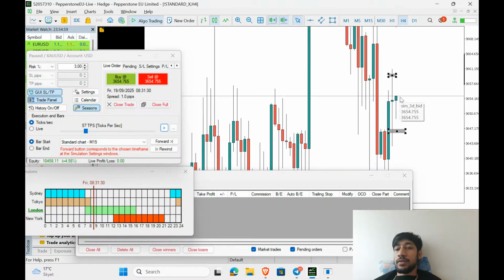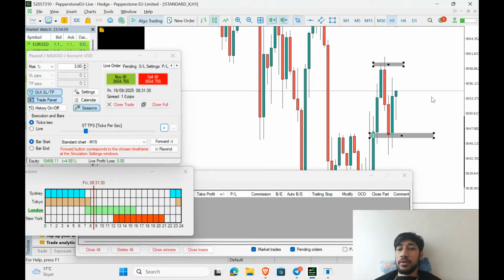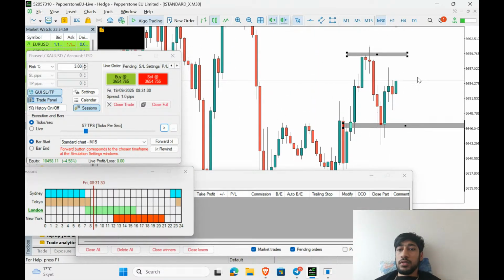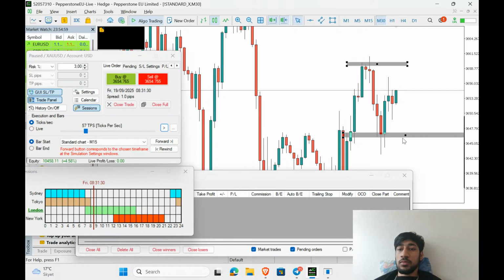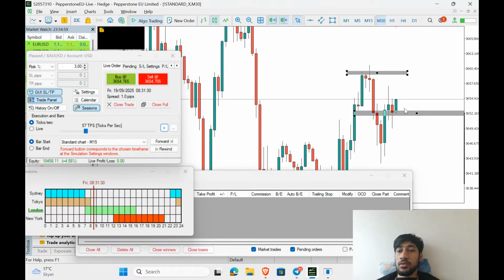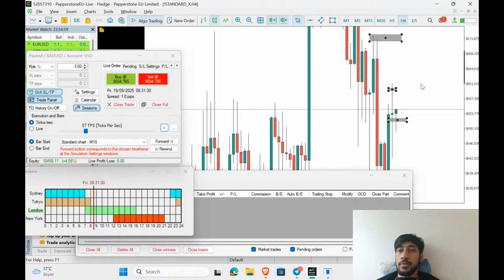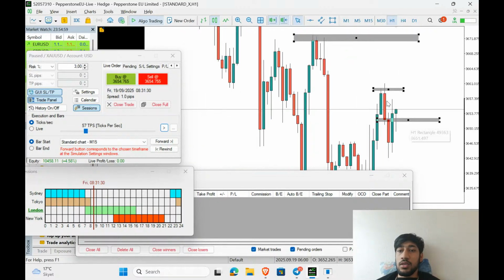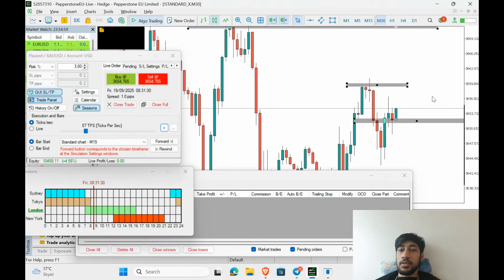So look, on H4 we have this wick to be filled. H1 we have this range to be filled. M30 we just broke above the support. This is an impulse in trend setup. So hear me out. On H4 we have this range to be filled, H1 this range, M30 this range.